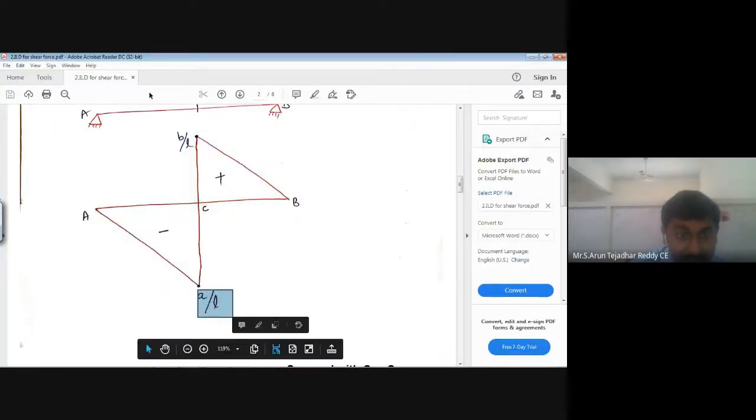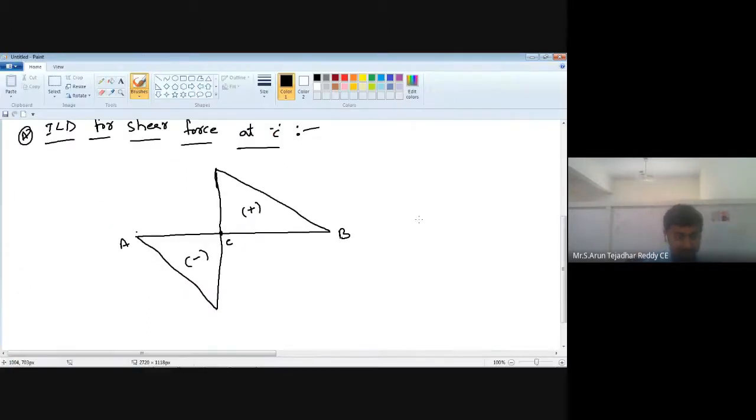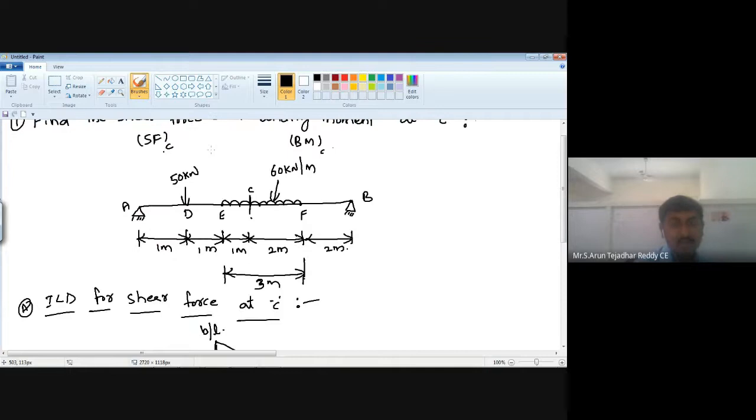It is A by L, it is B by L. Now from this diagram, what is A, what is B? We need to find out the shear force and bending moment at this point.